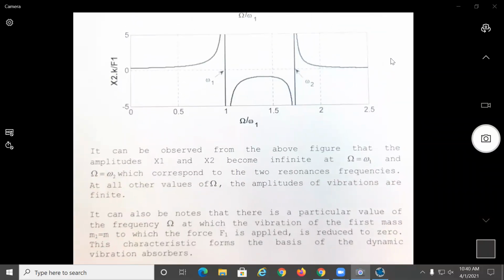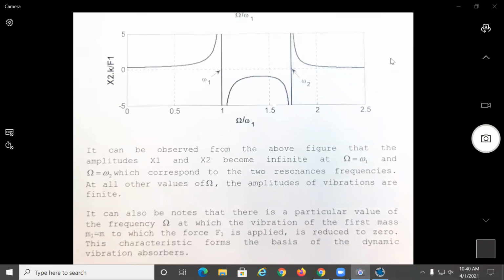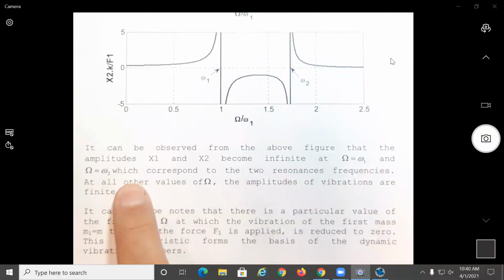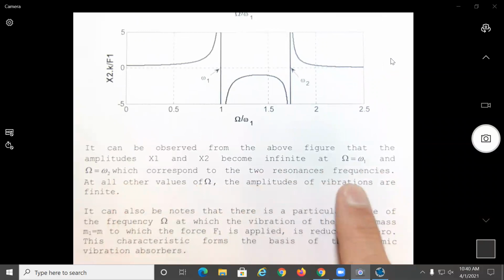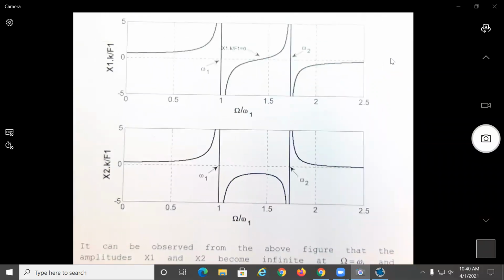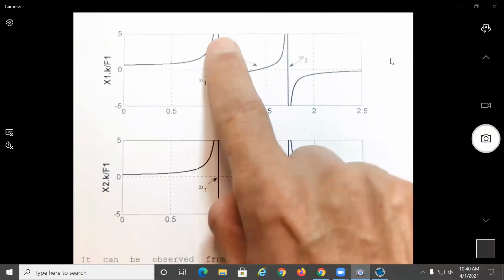Let's see what I put over here. It can be observed from the above figure that the amplitudes x1 and x2 become infinite at the two natural frequencies, which is what we just commented, which correspond to the two resonance frequencies. At all the other values of capital omega, the amplitude of vibration is finite. So basically, that is true. Here it goes to infinity.